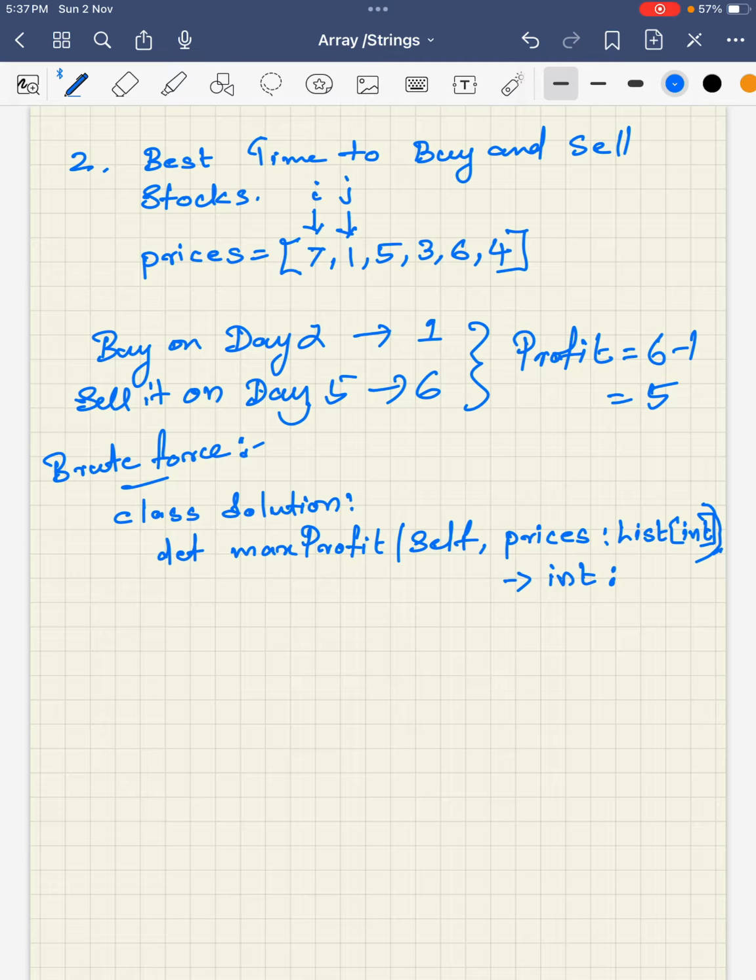So let's fix a variable. The variable is maximum profit, let it be 0. Then I am going to fix these two pointers which I have set. For i in range of length of prices.